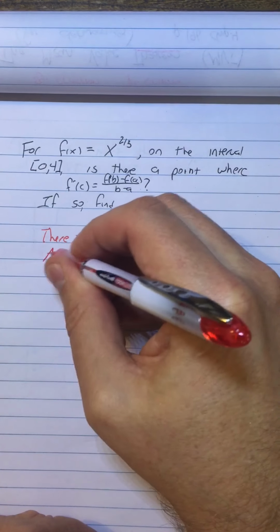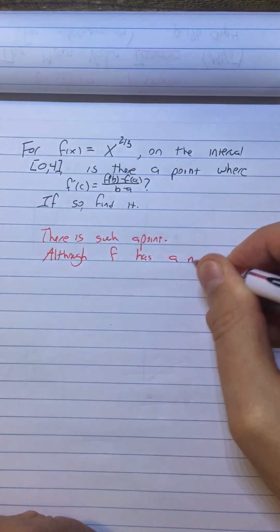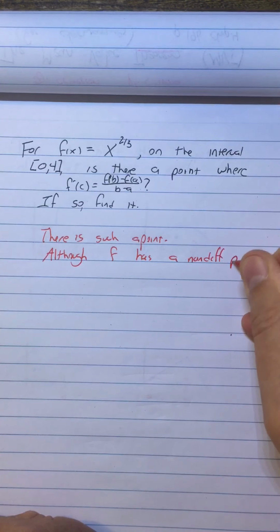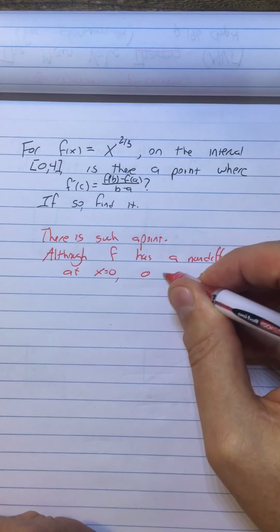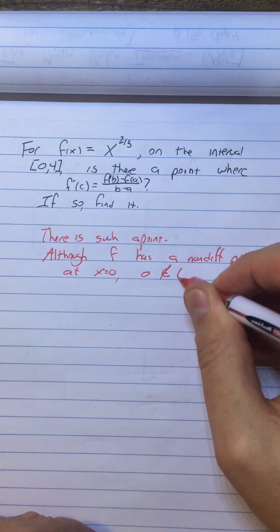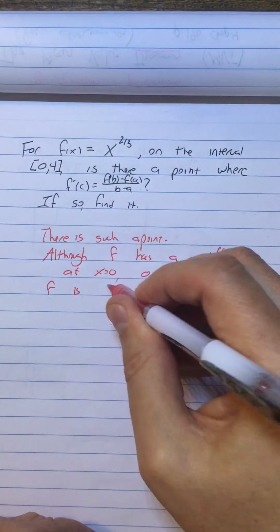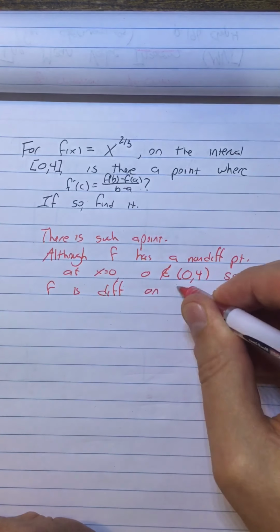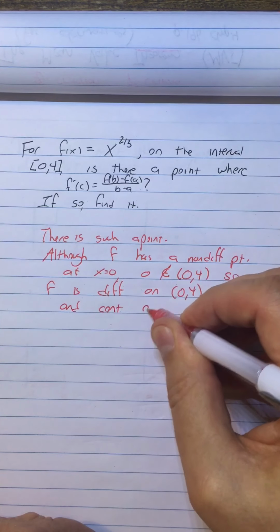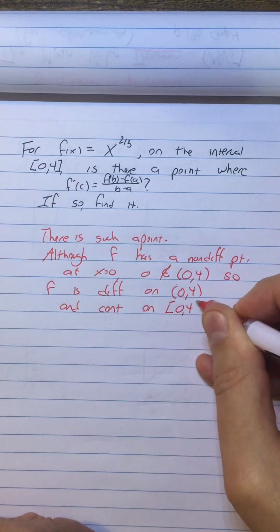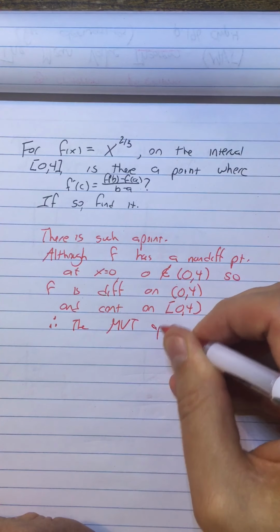And we might say, although f has a non-differentiable point at x equals 0, 0 is not in the open interval from 0 to 4. So f is differentiable on the open interval 0 to 4 and continuous on the closed interval 0 to 4. Therefore, the mean value theorem applies.